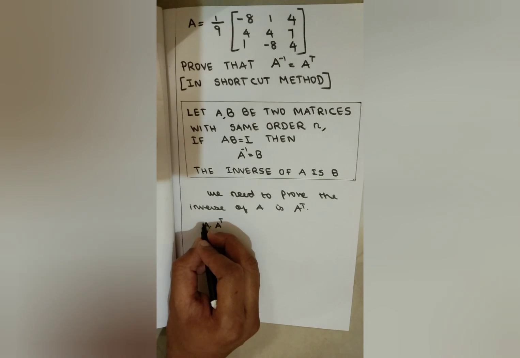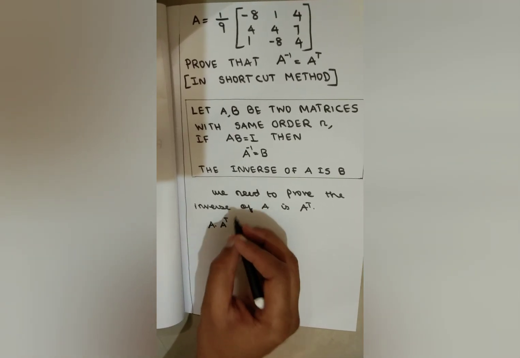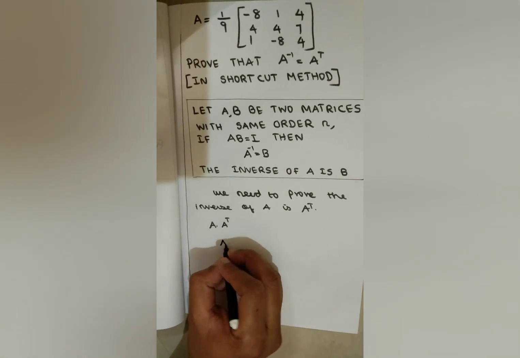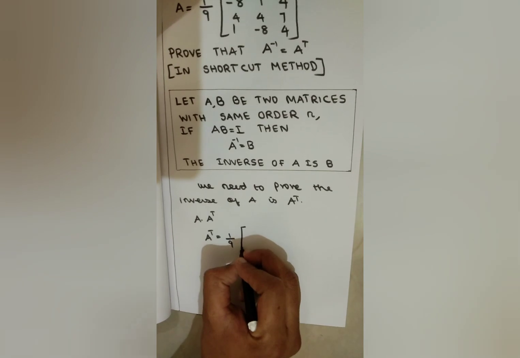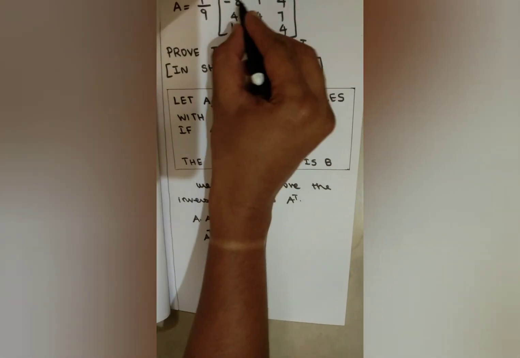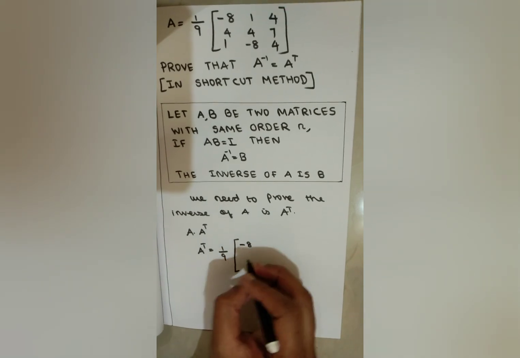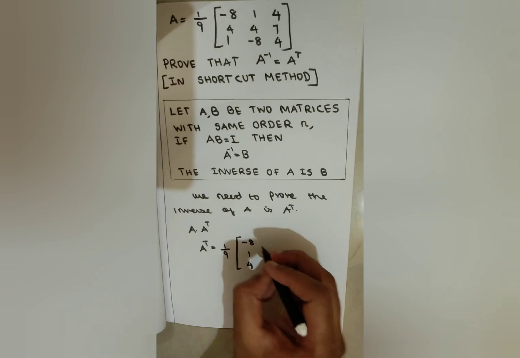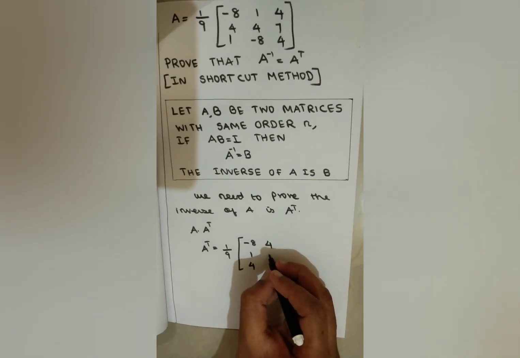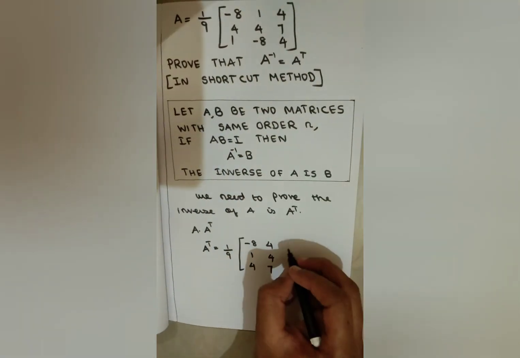That is, the inverse of A is A transpose. We can prove by using this concept. So my A transpose equal to 1 by 9, changing the row into column. Minus 8, 1, 4. Then second row into second column, 4, 4, 7. Then third row into third column.